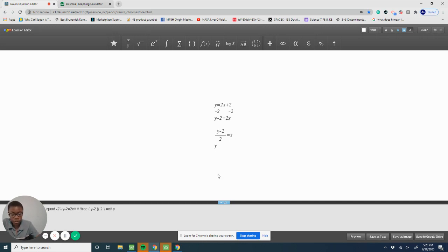And what we can do here is write it as a fraction and have half y minus 1, and we have x here. This is what x would equal. We know that, but you may still be wondering, what is the x-intercept?